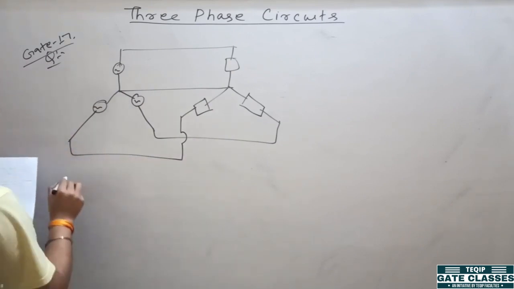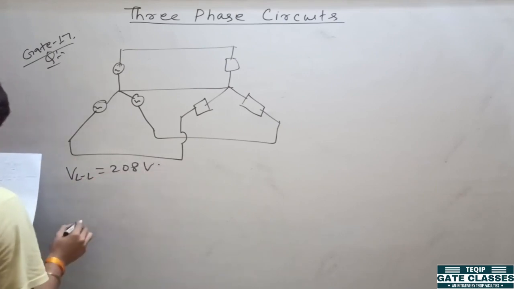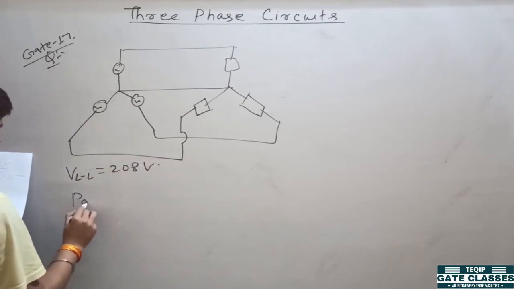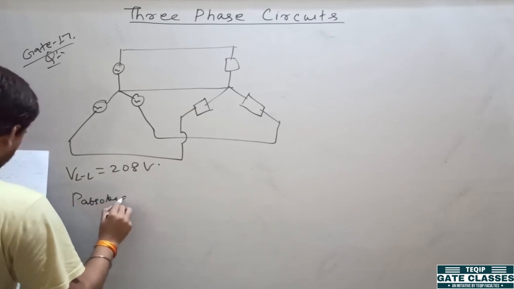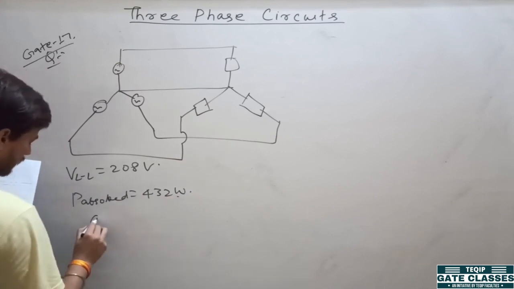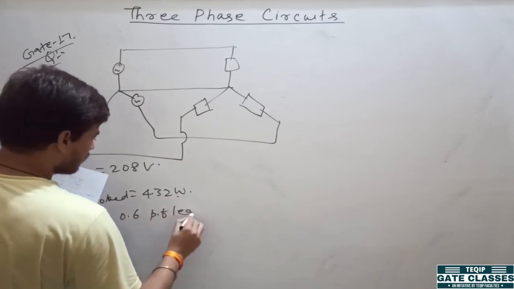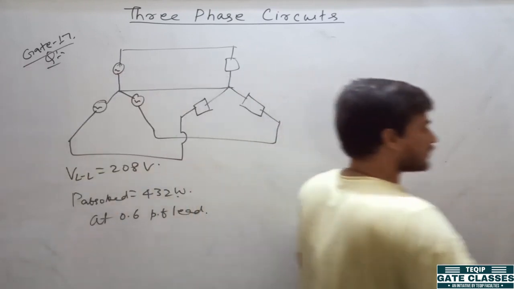It is given VLL is equal to 208 volt. Total P absorbed is given as 432 watt at 0.6 pf lead.